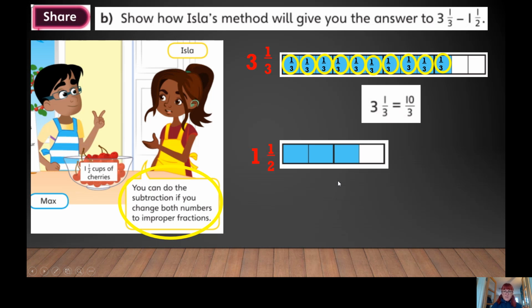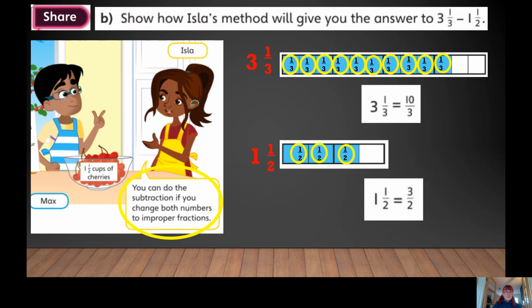But as an improper fraction, it looks like there are 1, 2, 3 of these halves. Let's check. Half, yep, that's a half, making a whole, and that's another half. So we have got 1, 2, 3 halves. So 1 1/2 is equivalent, of equal value, to 3 halves.